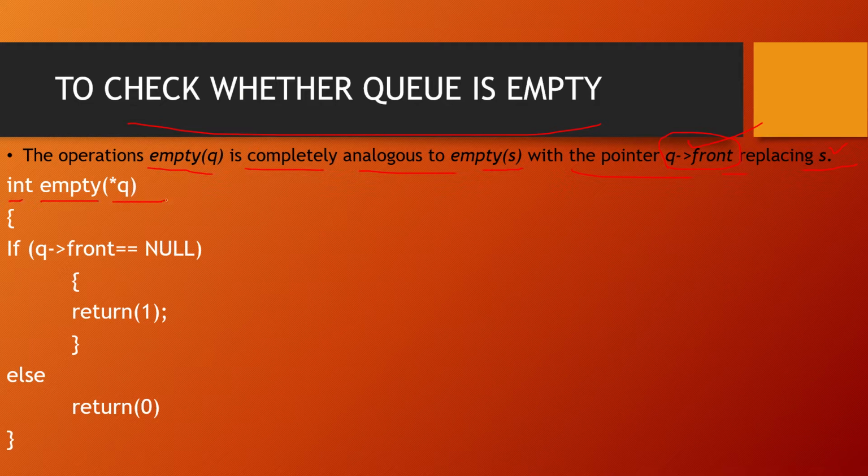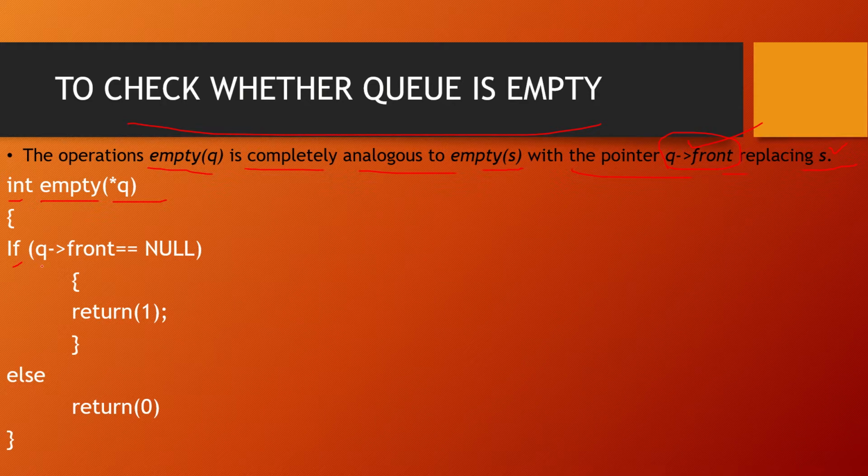So we have a function named empty which is returning an integer value. We are providing the address of the queue to this program. Now this queue has two variables, front pointing to the first element and rear which points to the last element.